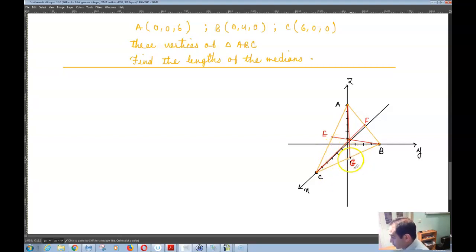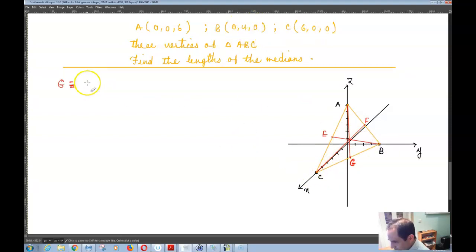To get the coordinates of G, you already have the coordinates of B and C over here.